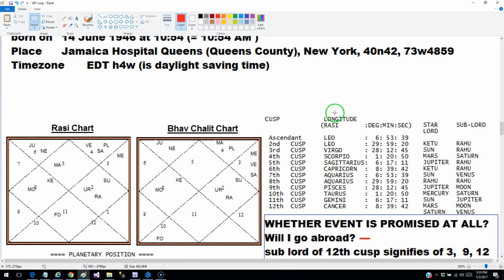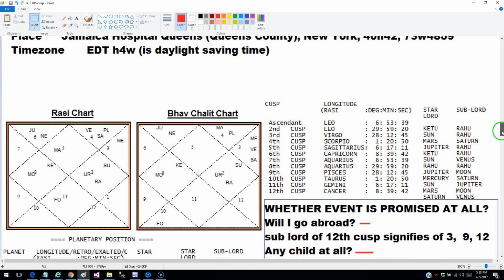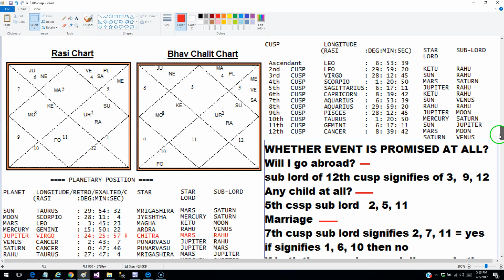Now, this is Trump's chart, and this is the Rashi, and this is the Bhav Chalit, or the Placidus. Another thing you will notice in the Placidus chart is that here the ascendant is Leo, the second cusp is also Leo. That is what I was mentioning, the span of a cusp could be less than 30 degrees, or it could be greater than 30 degrees.